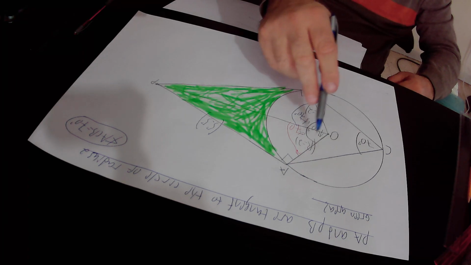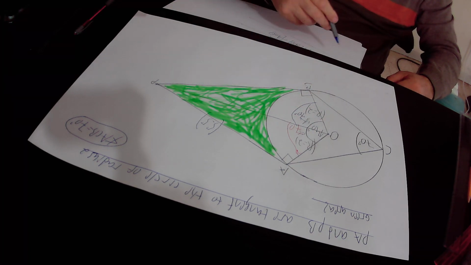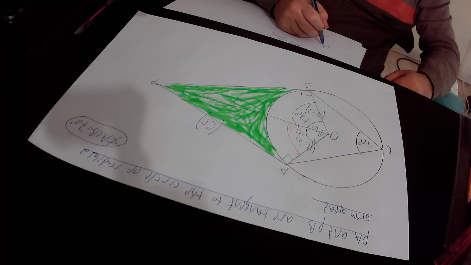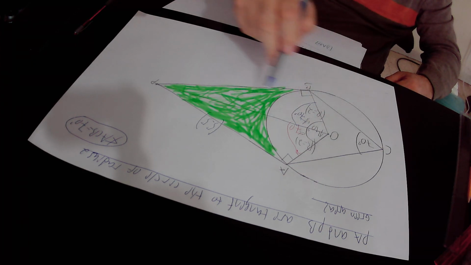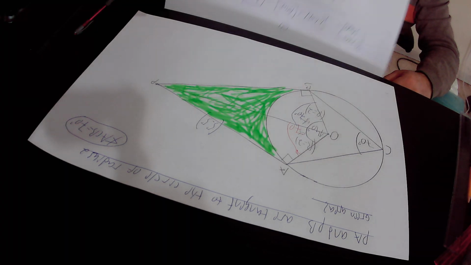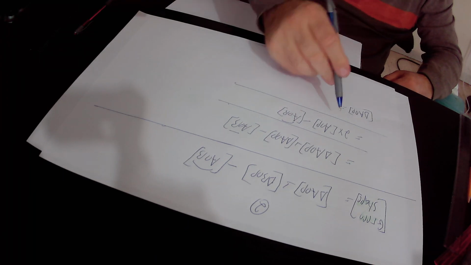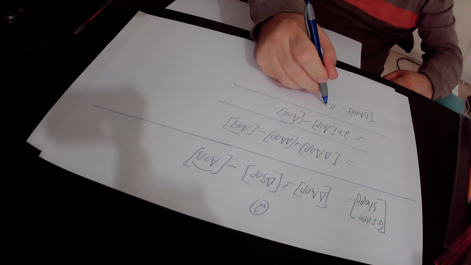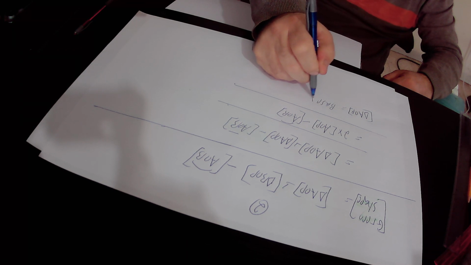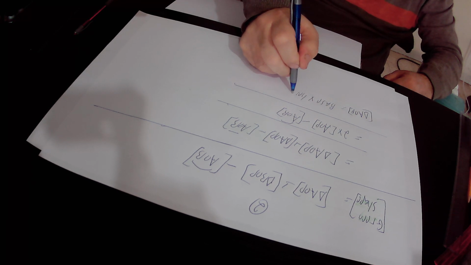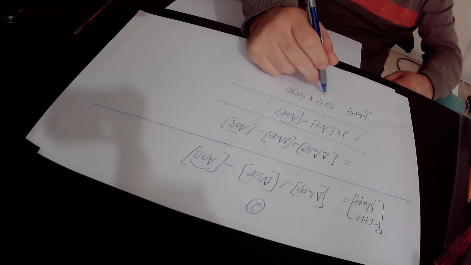So what is the area of the right upper triangle, triangle AOP? The area of any triangle equals the base of the triangle times the height to the base over 2.